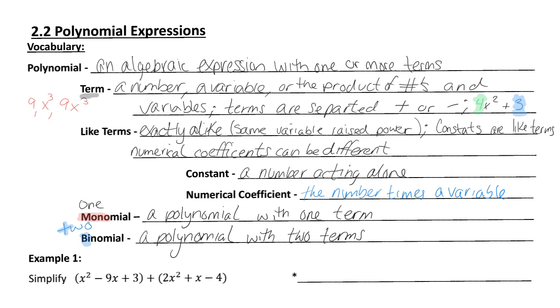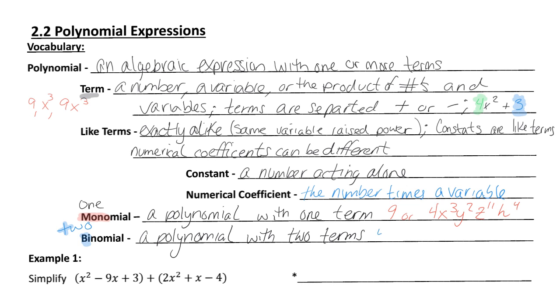Okay, so again, an example of a monomial would just be 9, which is also a constant. Or it could be something like 4x cubed y squared z to the 11th h to the 4th. Okay, that's all one term. So that's a monomial. Whereas a binomial is a polynomial with 2 terms.